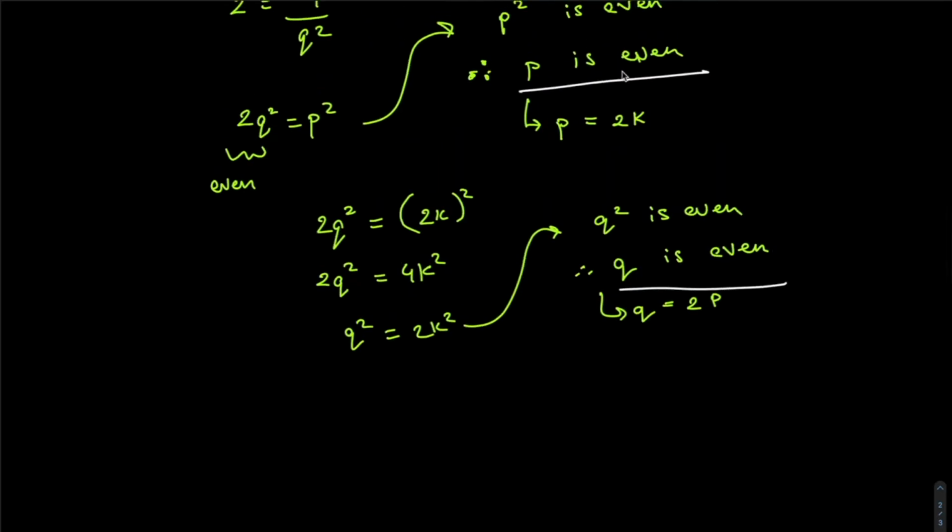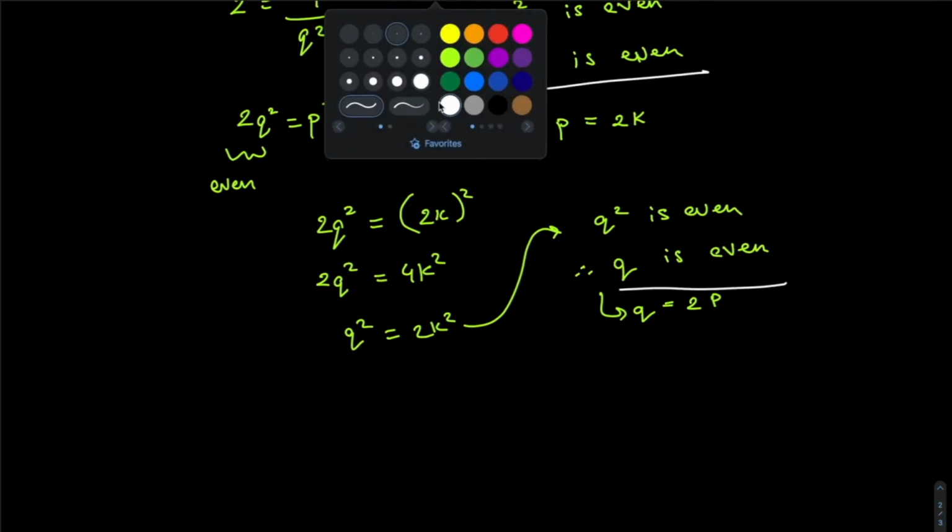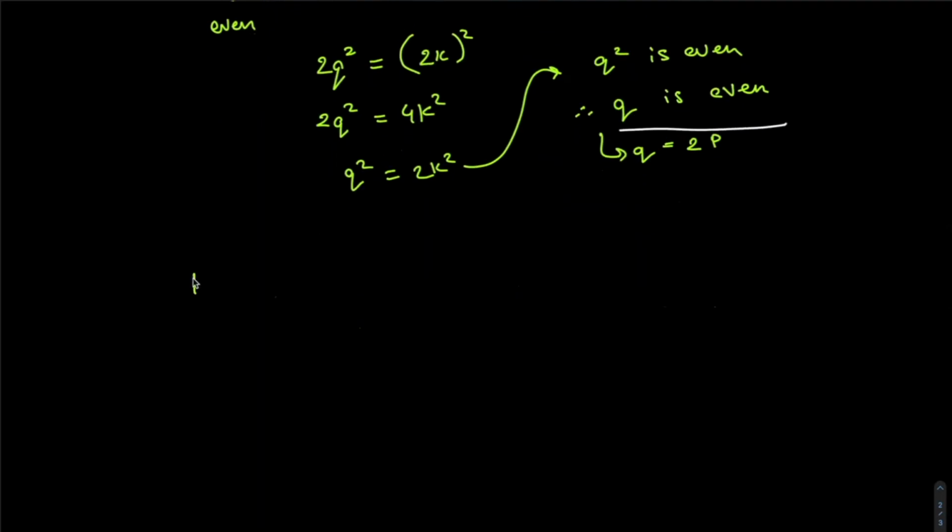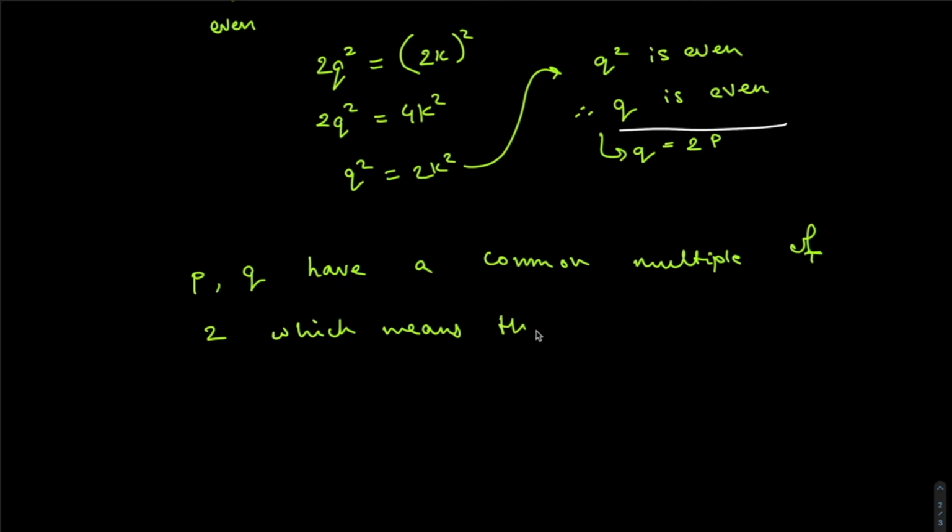If p is even, it's some number multiplied by 2. So what we can say from this is that p and q have a common multiple of 2, which means they're not simplified.